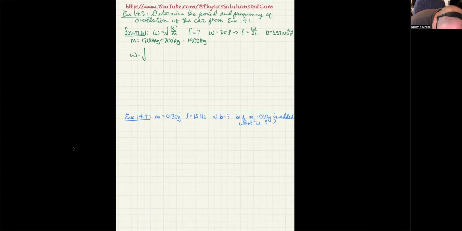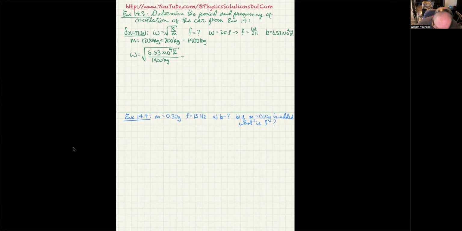Therefore, omega is equal to 6.53 times 10 to the fourth newtons per meter divided by, and notice here we're actually using the mass, not the weight. That's got to be the mass in the omega. So I've got 1,400 kilograms.